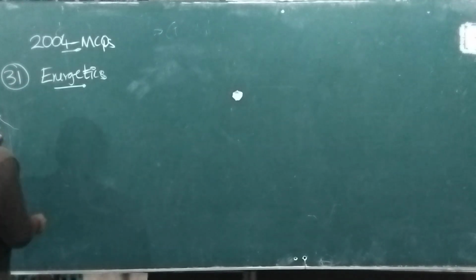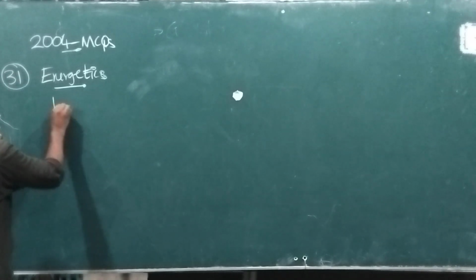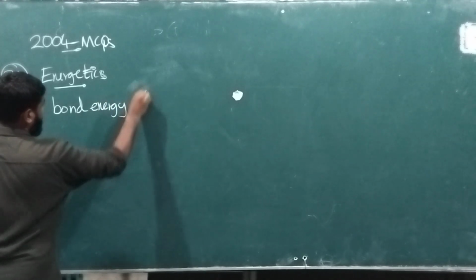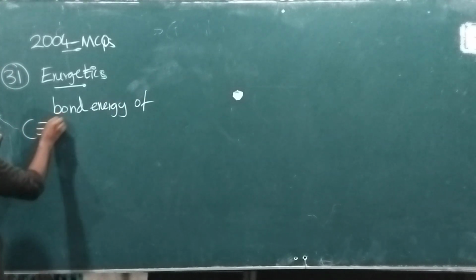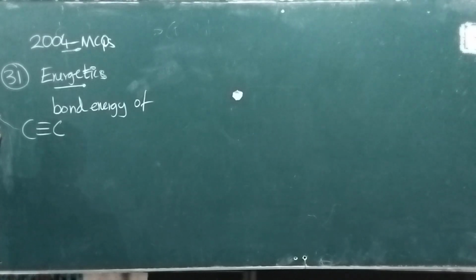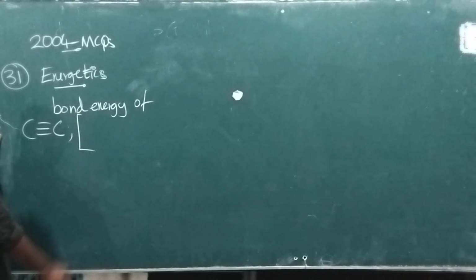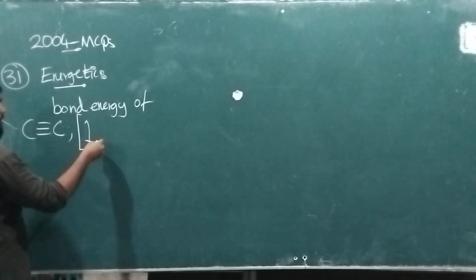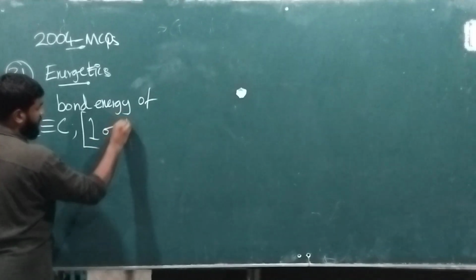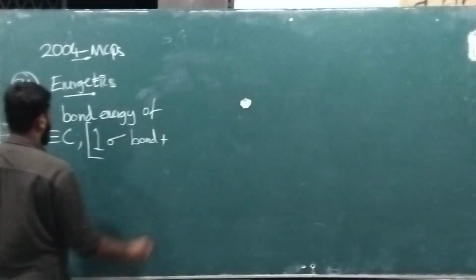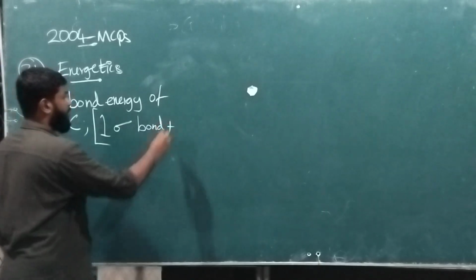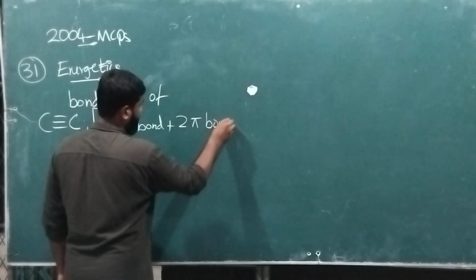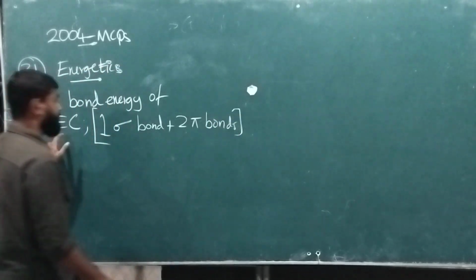Now see here. The bond energy of C triple bond C. You should know in a triple bond we have one sigma bond along with two pi bonds. That's why we have a triple bond here.